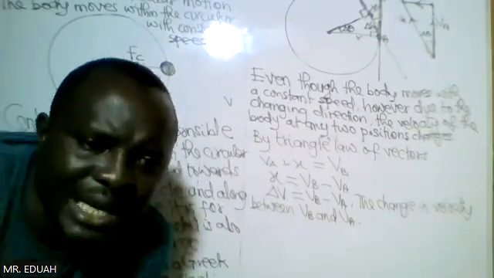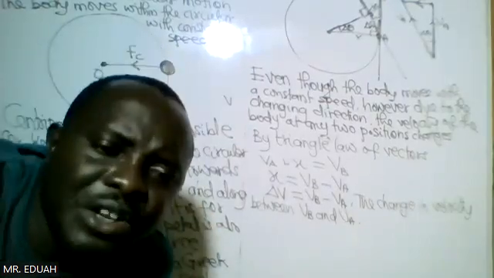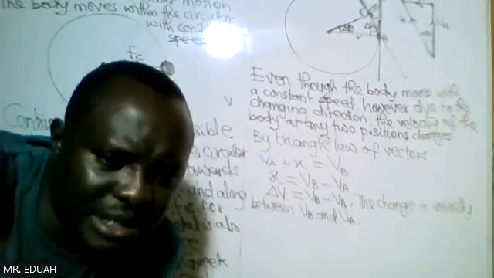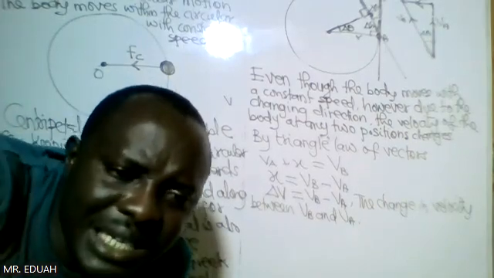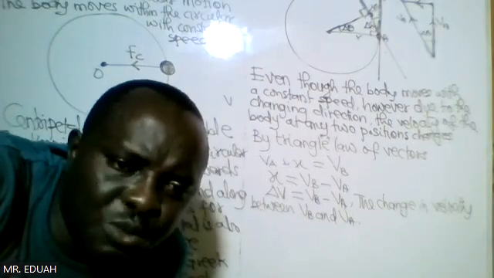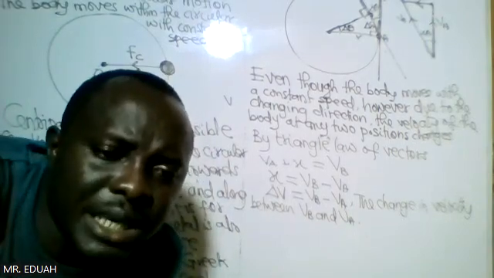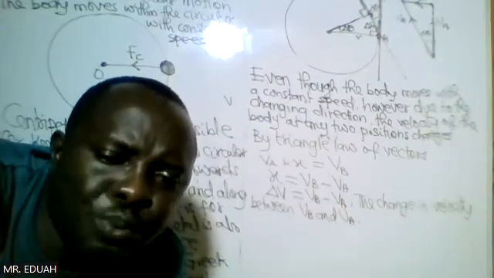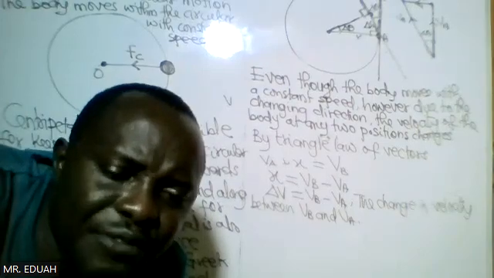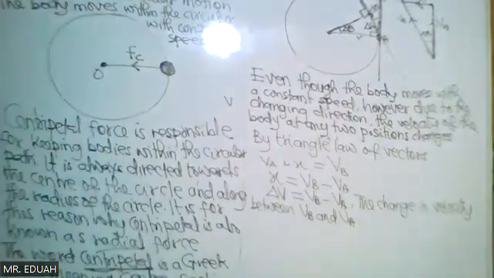Yes, please. So the changing direction creates the changing velocity at any two points. I'm not talking about speed. Even though the body is moving with a uniform speed, the changing direction is the reason we have a change in velocity, not a change in speed.